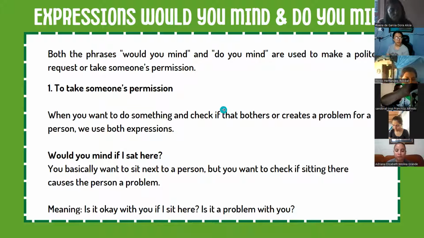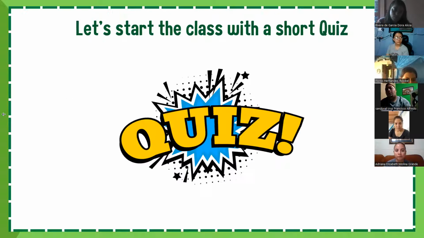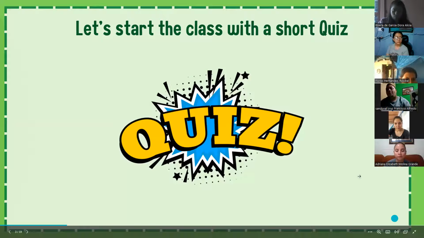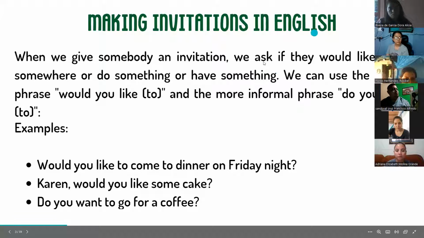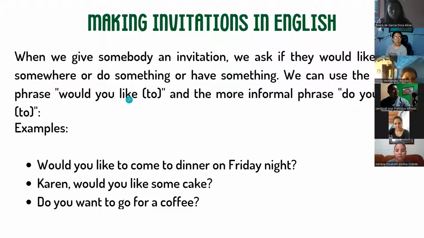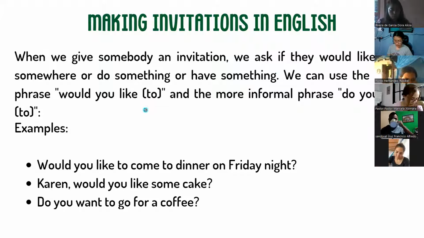Hello? ¿Sí está claro para todos? Yes, teacher. Okay, just making a quick recap. Vamos solo un recap rapidito. Making invitations, ocupamos would you like to. Eso es para hacer invitations only, okay?